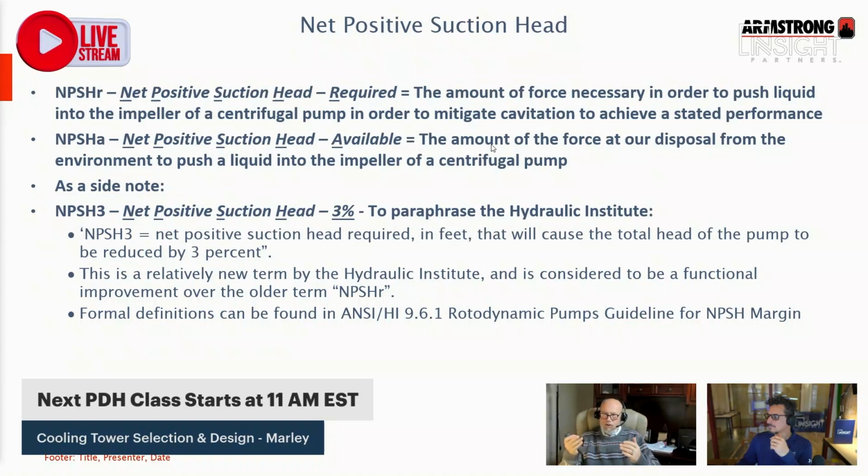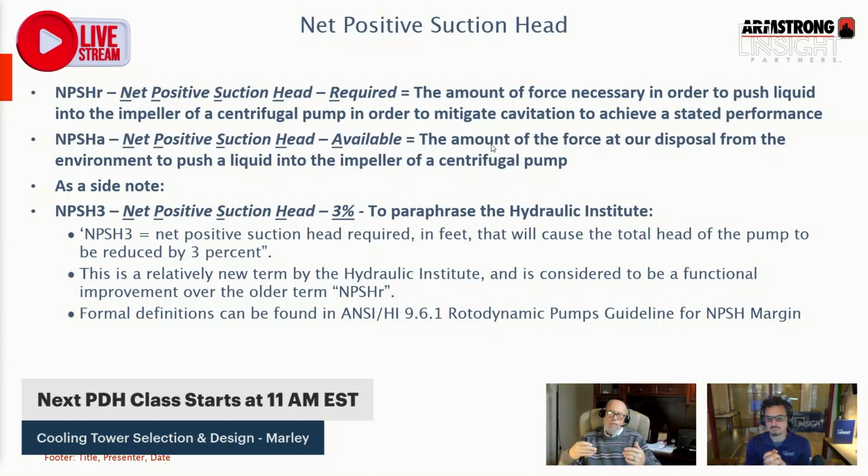But there's a new number called NPSH3 that has been bantered around by ANSI and HI. What this is, is net positive suction head 3%: the net positive suction head required, in feet, that will cause the total head of the pump to be reduced by 3%. That's what it really comes down to.